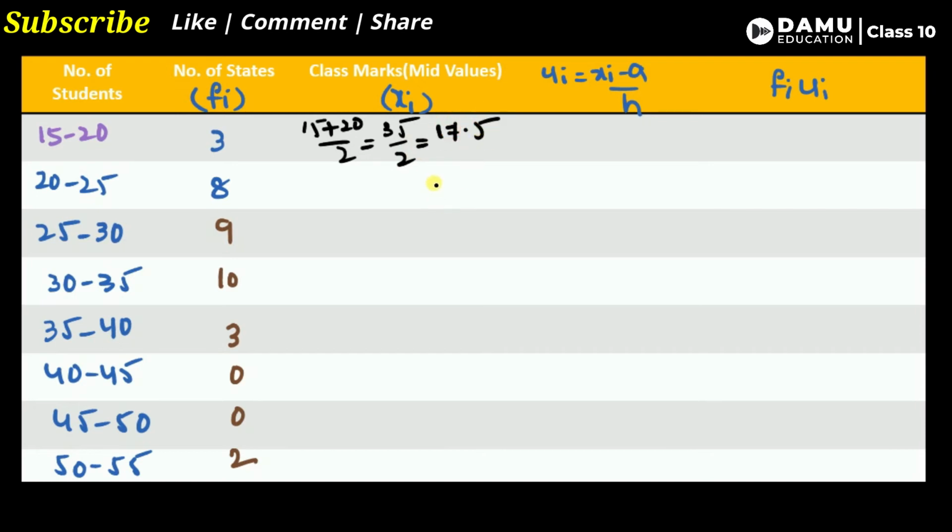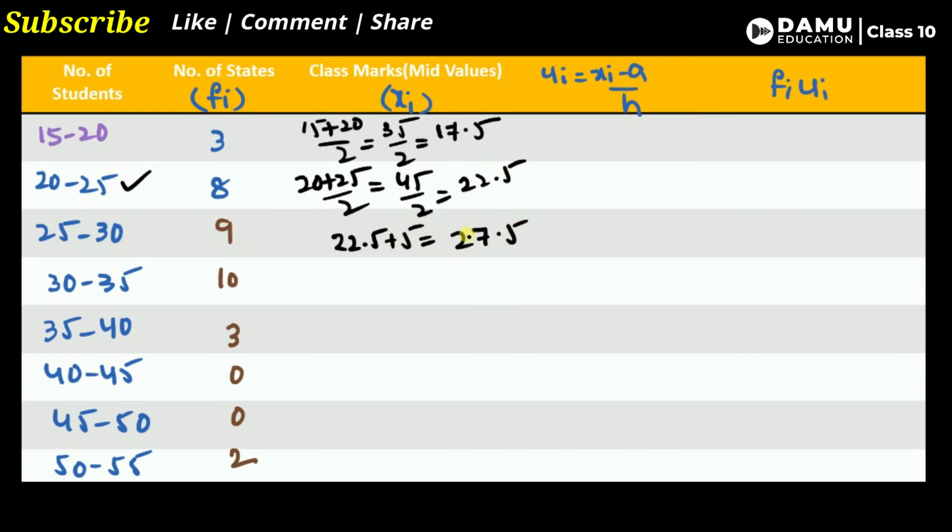Then 20 plus 25 by 2 is 45 by 2, which is 22.5. Here the values increase by 5 each time, so simply add 5 to it: 22.5 plus 5 is 27.5. If you observe this, you can write it easily.